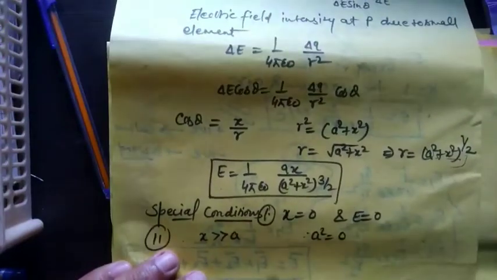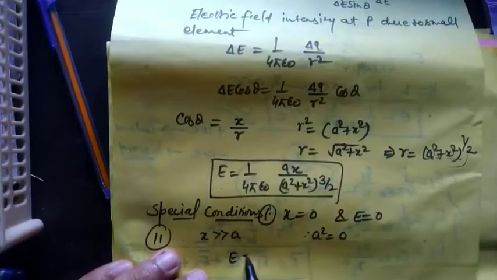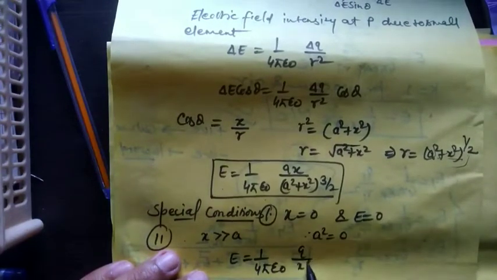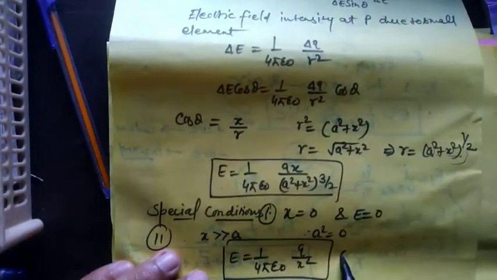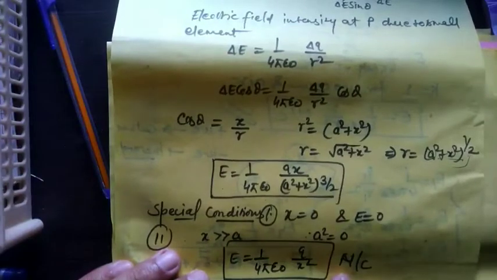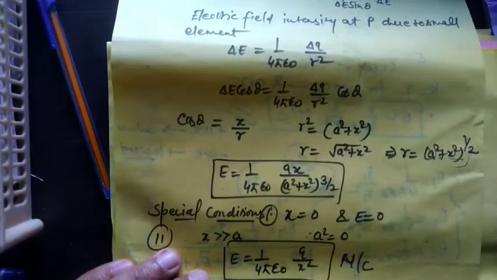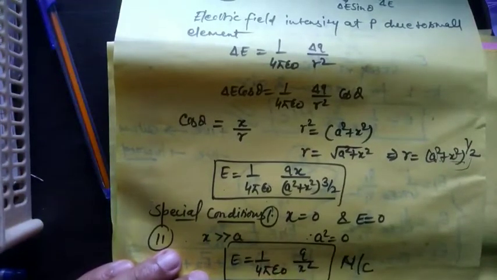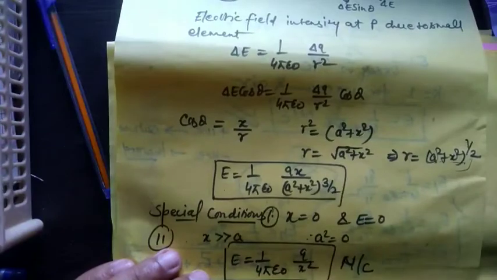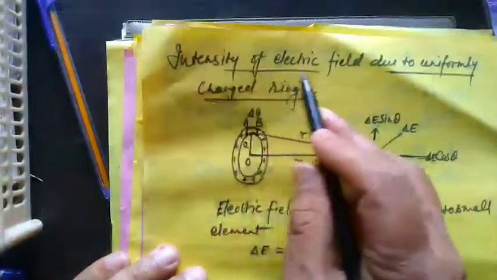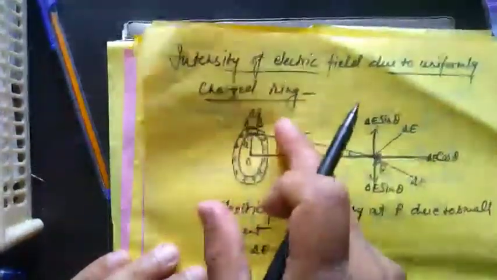Then we find this formula: E equals 1 upon 4 pi epsilon naught q upon x square. It means the electric field intensity due to a uniformly charged ring behaves like that of a point charge.